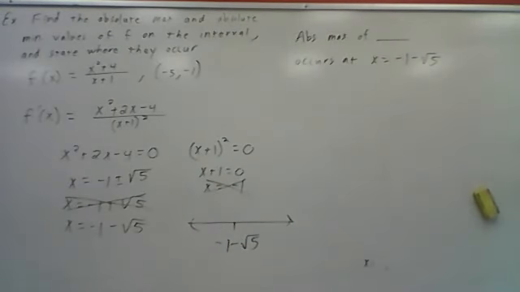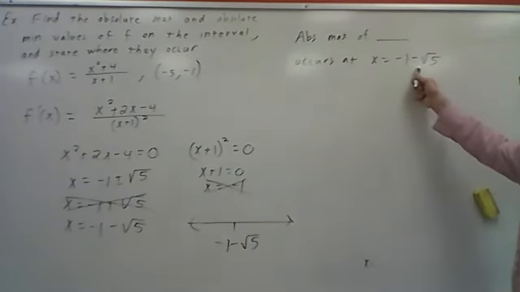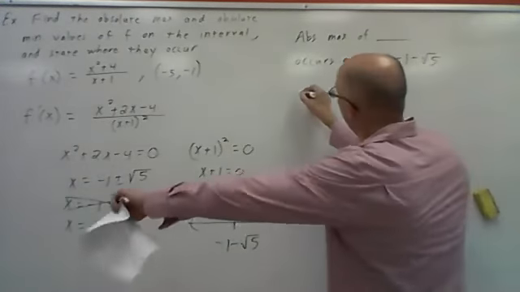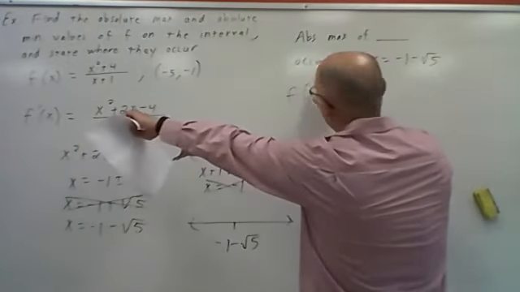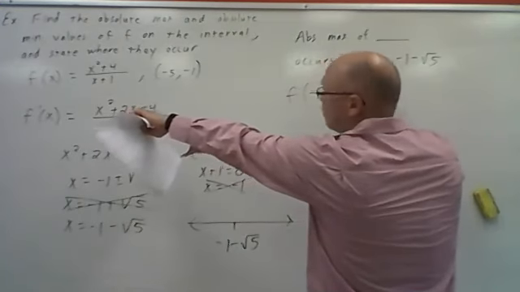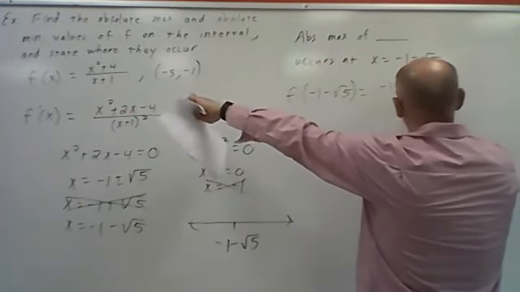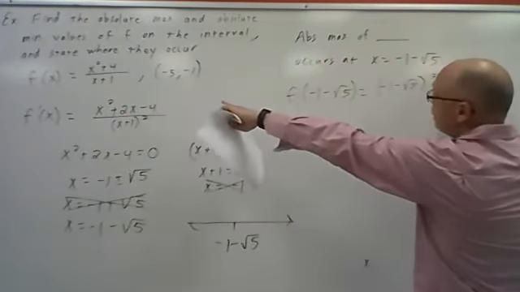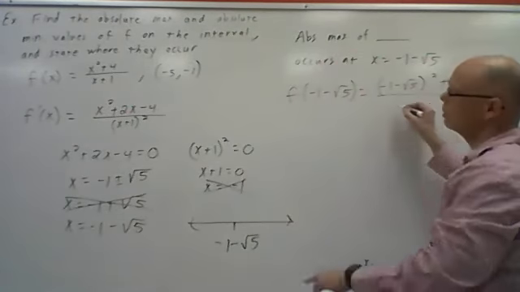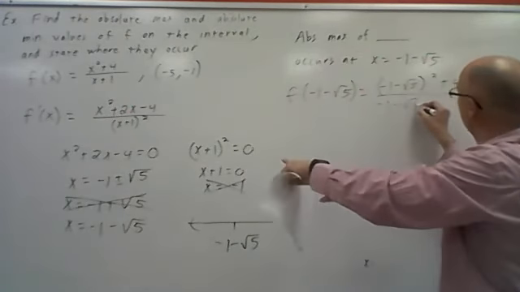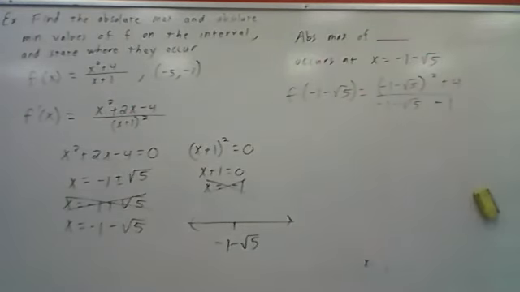How do I go about finding that max? Well, I evaluate my original function at -1 minus the square root of 5. So f of (-1 minus the square root of 5) is equal to (-1 minus the square root of 5) squared plus 4, over -1 minus the square root of 5 plus 1.